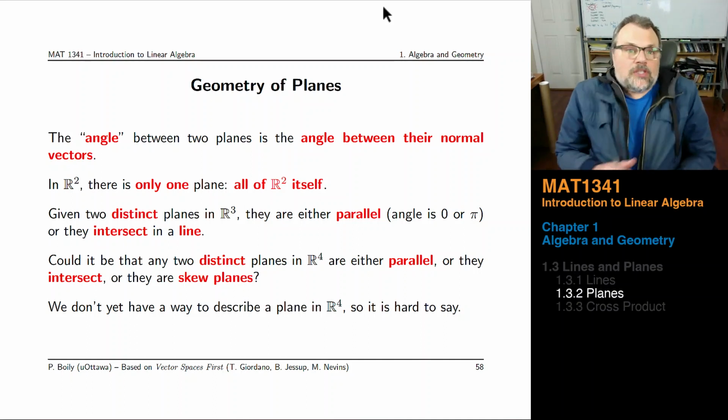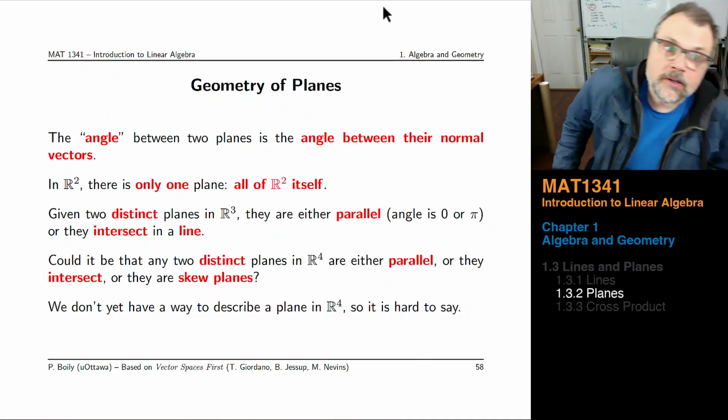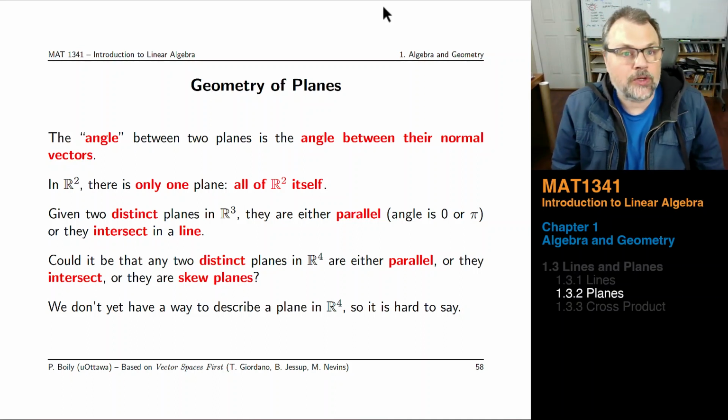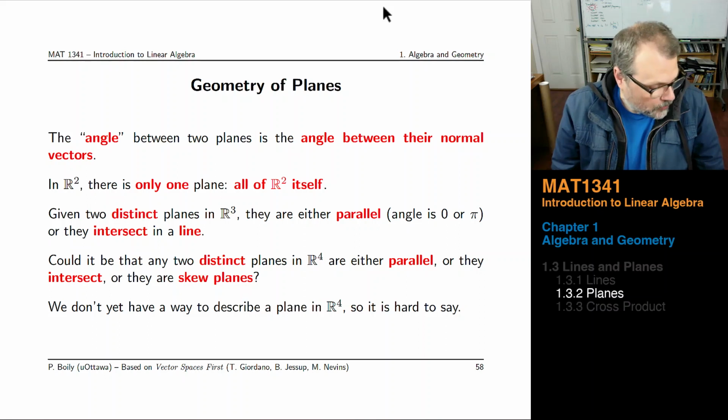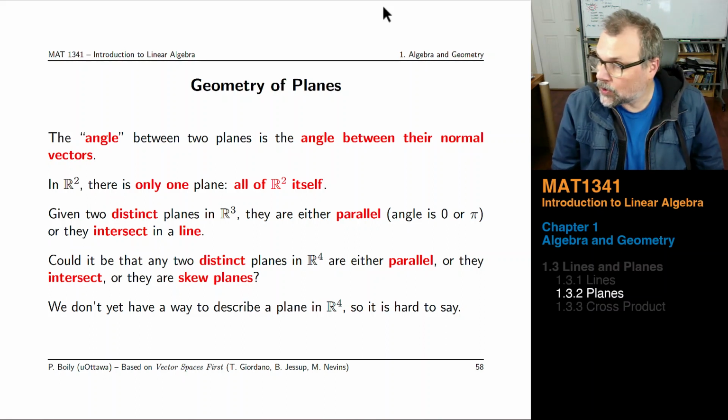Well, can we do something analogous to what we did for the geometry of lines? What's the geometry of planes? We can compute the angle between two planes. We know how to do so if we use the inner product, right?